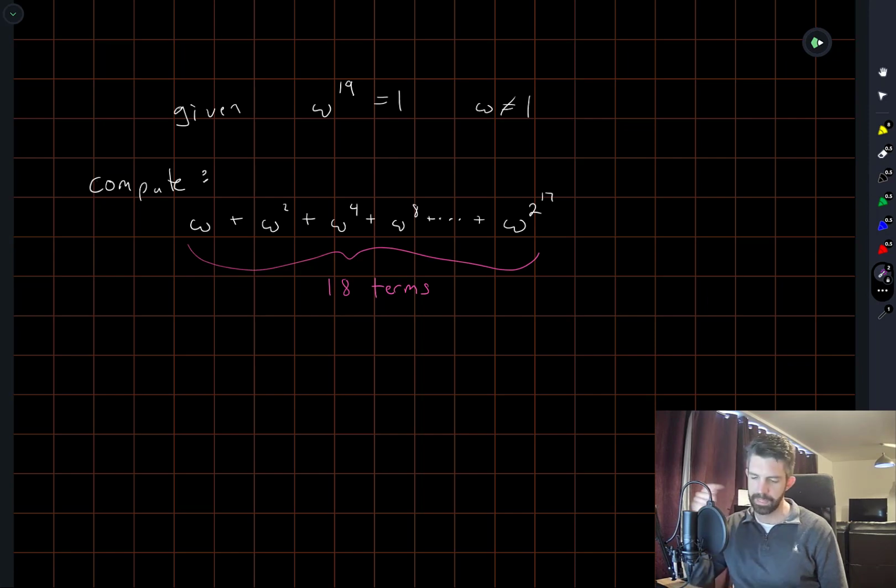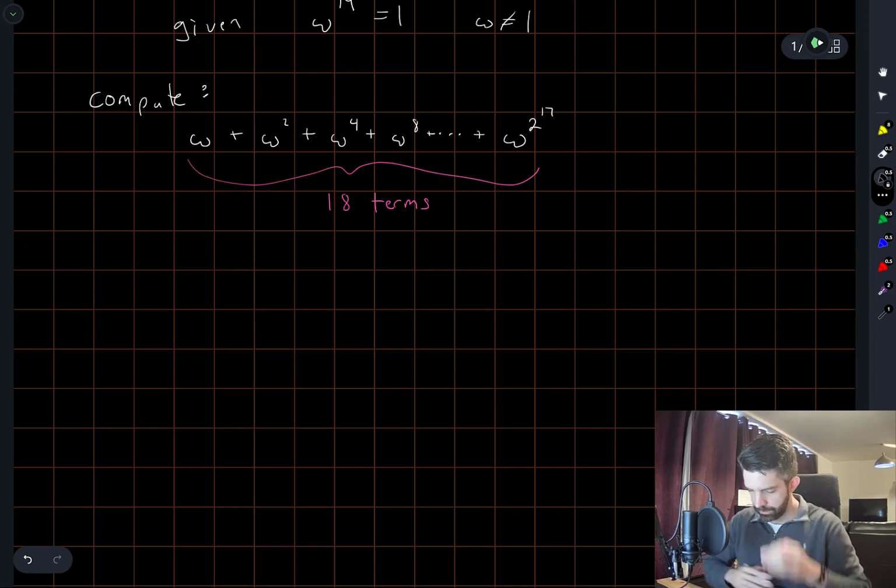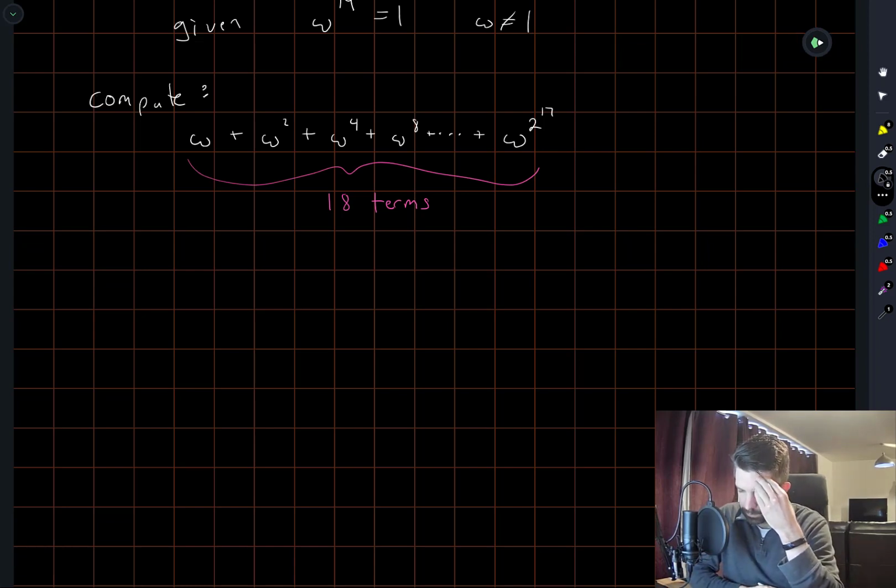Each of these, when you raise these to these exponents, they're just going to permute them around, right? Is that correct? I might just have to play a little bit with a geometric picture to convince myself whether that statement is true or false, that each of these is itself a different 19th root.